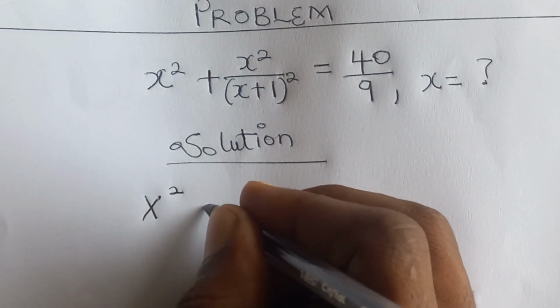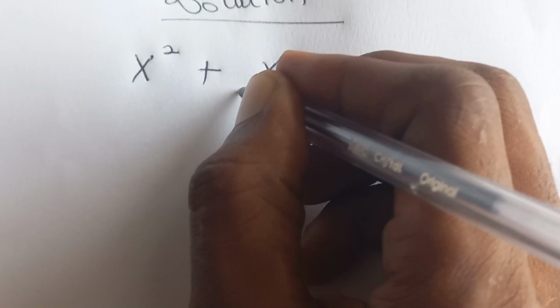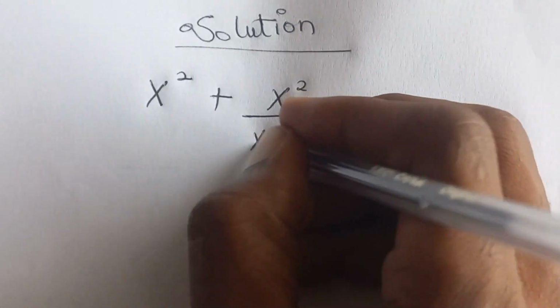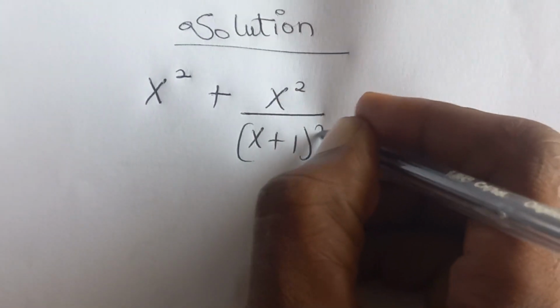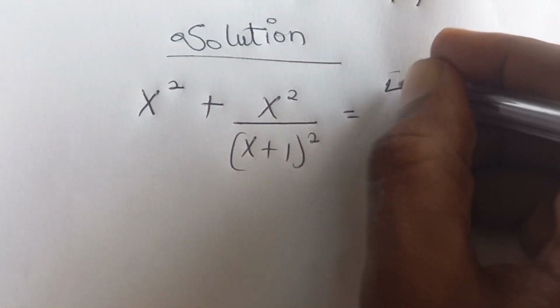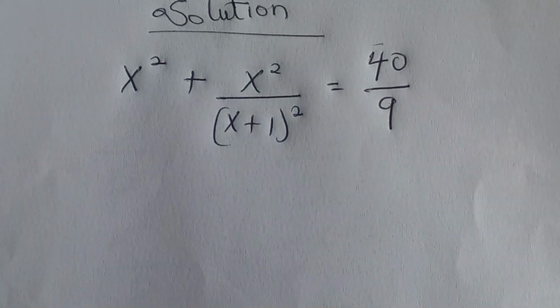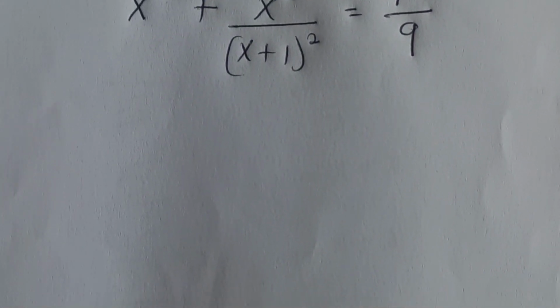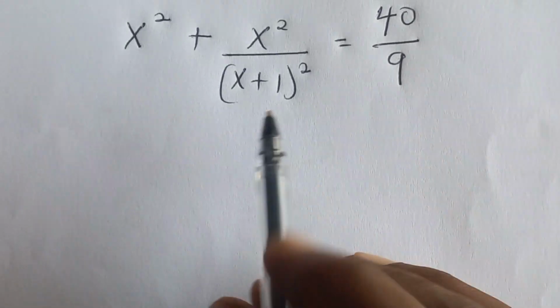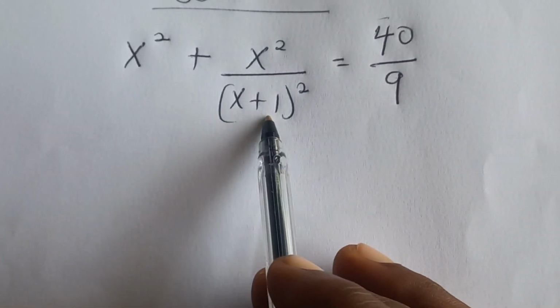We have x to the power 2 plus x squared over (x plus 1) all squared, and it's equal to 40 over 9. Okay, so now we can look for the LCM for the left hand side, which is (x plus 1) all squared.